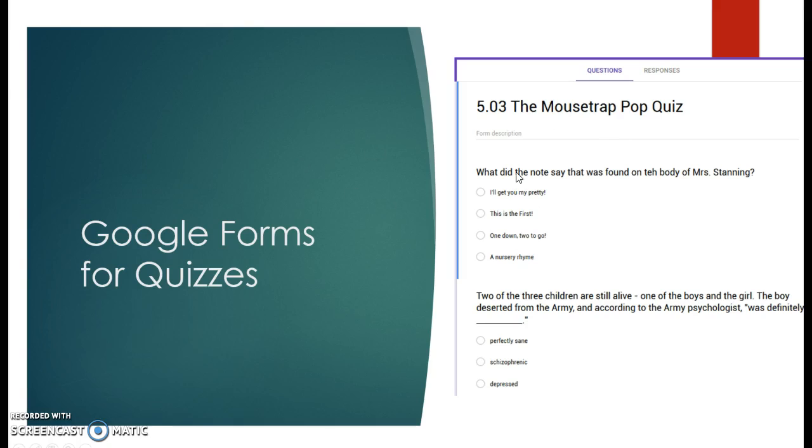I created my multiple choice questions, and each of the questions was worth 3 points. When the students respond to the pop quiz, I get the responses right away, and the responses are graded so I know if they chose a correct or an incorrect answer, and then I know what material I need to go back over with my students.